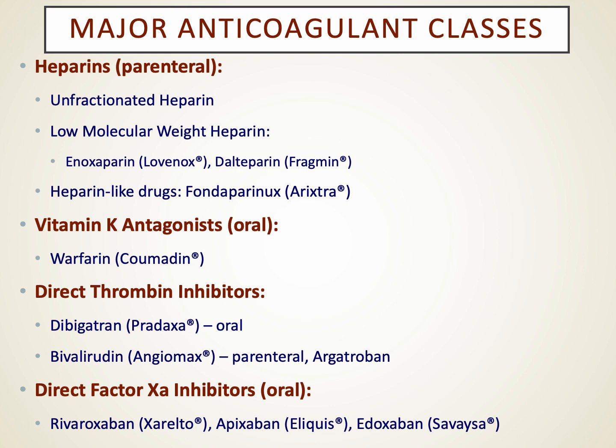for a number of patients. Those include the oral direct thrombin inhibitor, dabigatran or Pradaxa, or more commonly now, even replacing dabigatran or Pradaxa in most clinicians' minds, are the direct factor 10A inhibitors that are given orally, and we'll talk more about those in a bit.